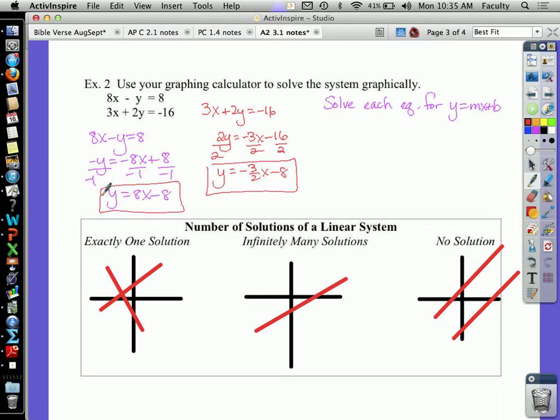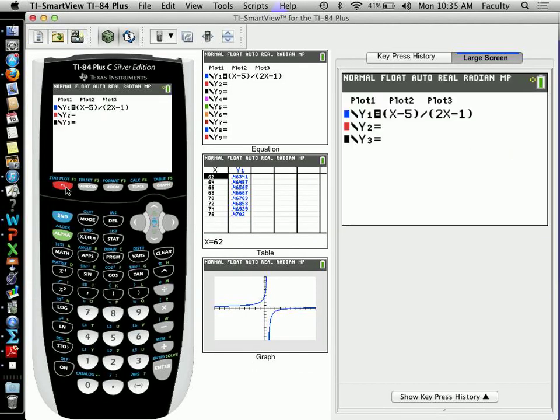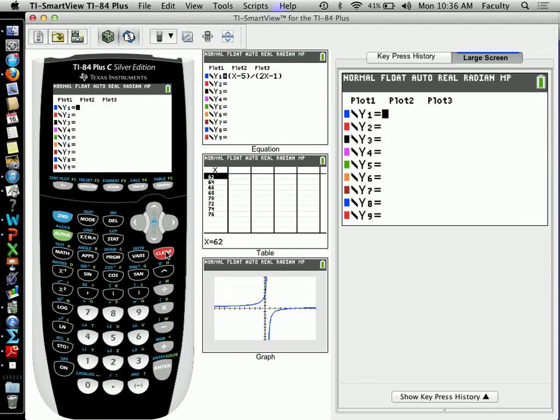Okay, does everybody have the 2 equations? Now here's what you're going to do. Take out your calculators and go to your y screen, your y equals button. And we're going to enter the first equation, 8x minus 8 in y1.